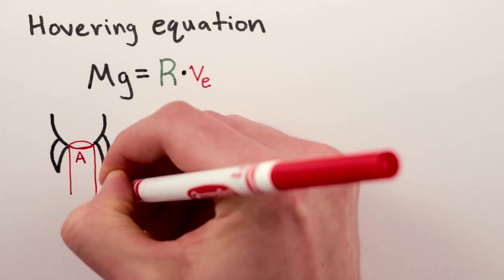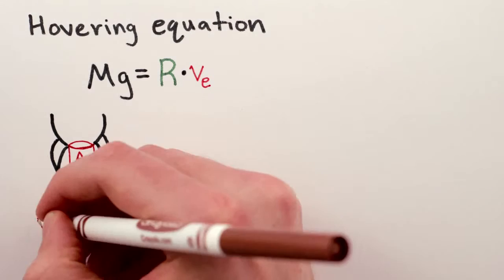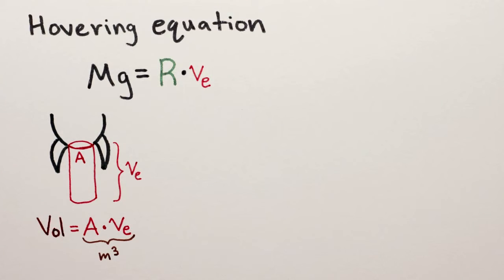So there'll be a stream of water exhaust shooting out of the rocket, and in 1 second it'll go a distance ve. That's the velocity of the exhaust. This stream is roughly a cylinder, with the volume A times ve, measured in cubic meters. How do we relate this volume to the rate R of exhaust leaving the rocket?